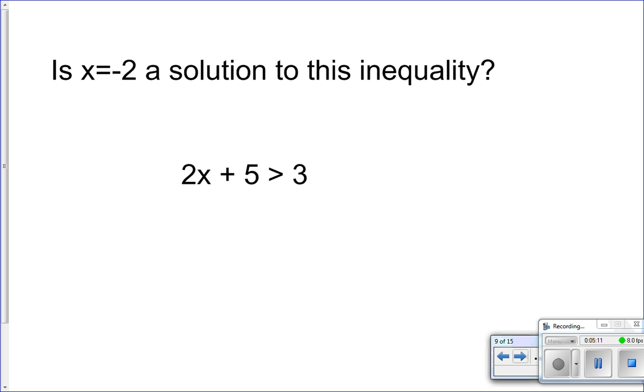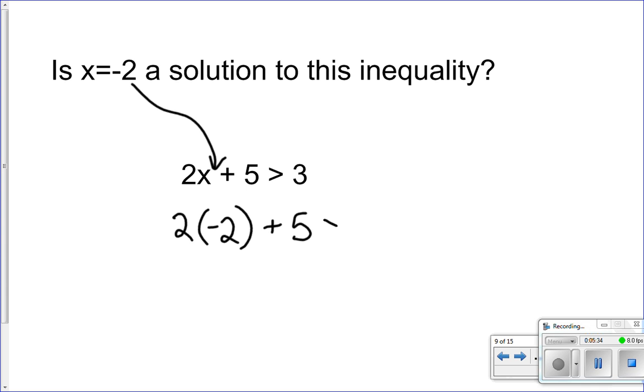You guys try this one. Is x equal negative 2 a solution to this inequality? Remember, take negative 2 and plug it in for x. So we plug it in, we get 2 times negative 2 plus 5 is greater than 3.